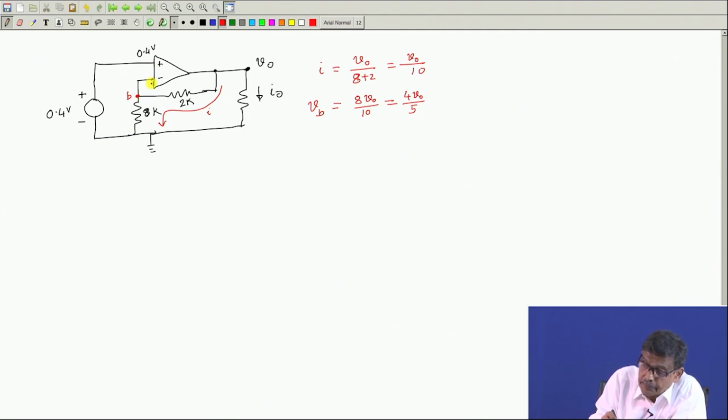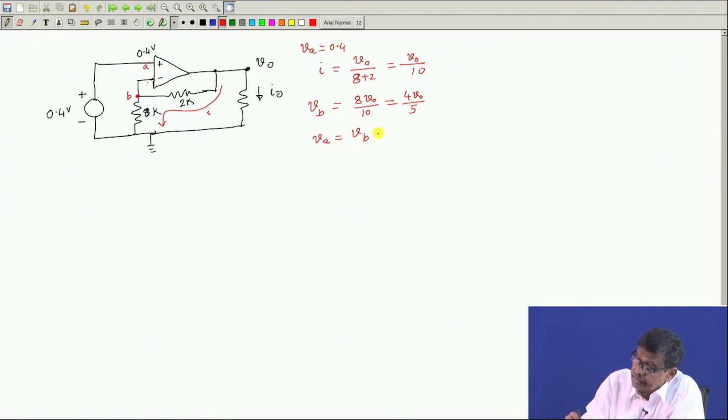Now, it is an ideal op amp with negative feedback. Therefore, the potential of this point and this point must be the same. Now, what is the potential of this point, that is point A? It has been conditioned by this external source of 0.4 volt. So, I will say that VA has to be equal to VB, and VA, as you can see, is 0.4 volt.